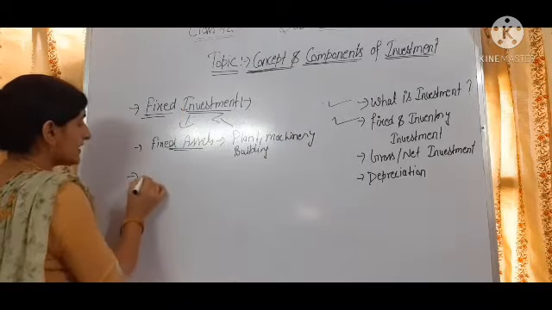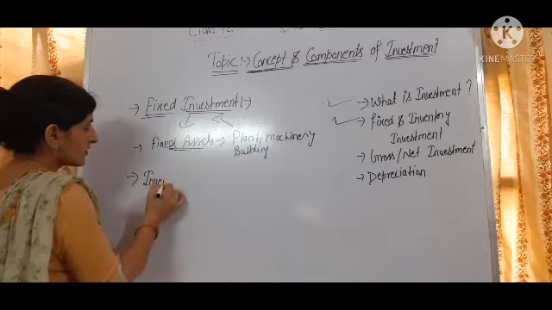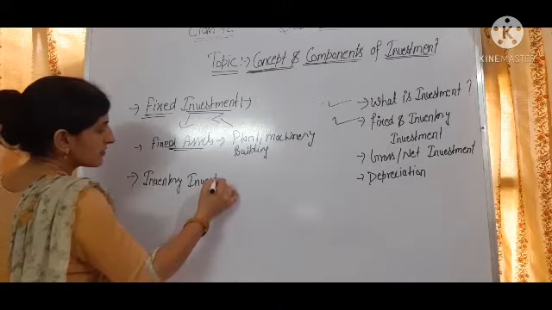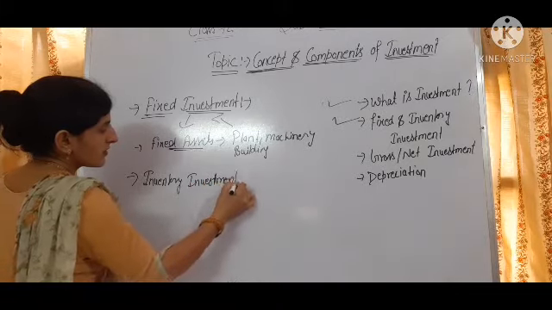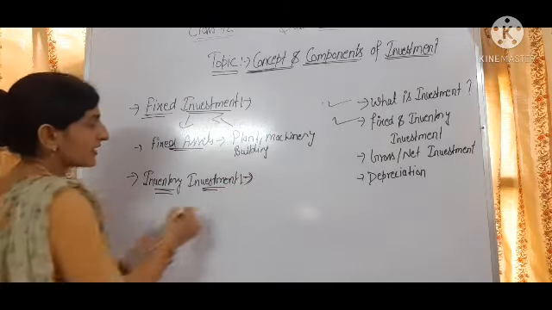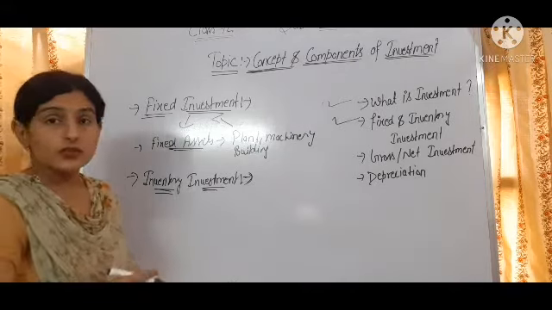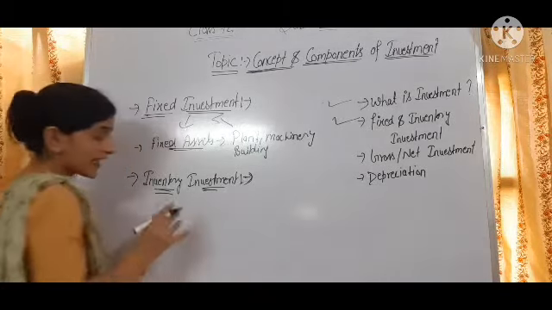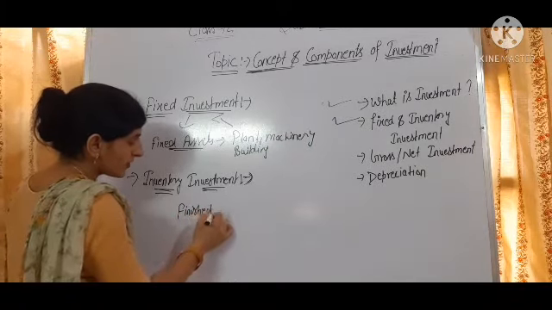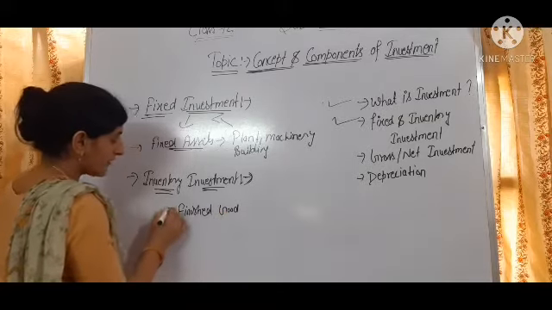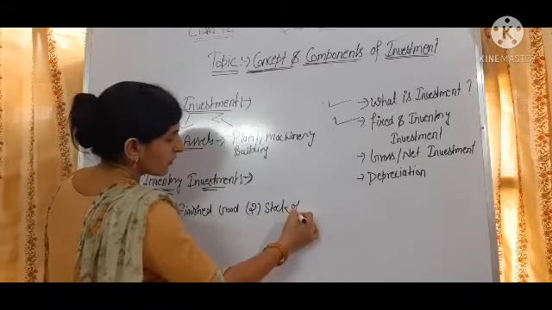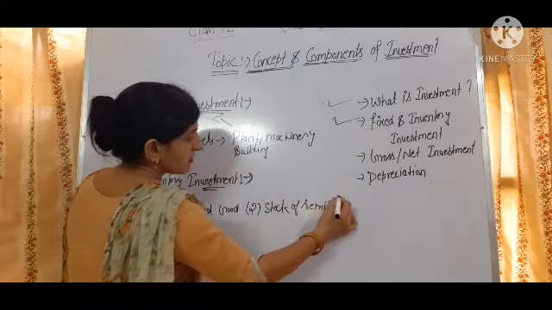Then we have inventory investment. So what is inventory investment? Inventory investment is that investment that the producer is having of, like a producer produces finished goods, having stock of finished good, then stock of unfinished good, or we can say semi-finished.